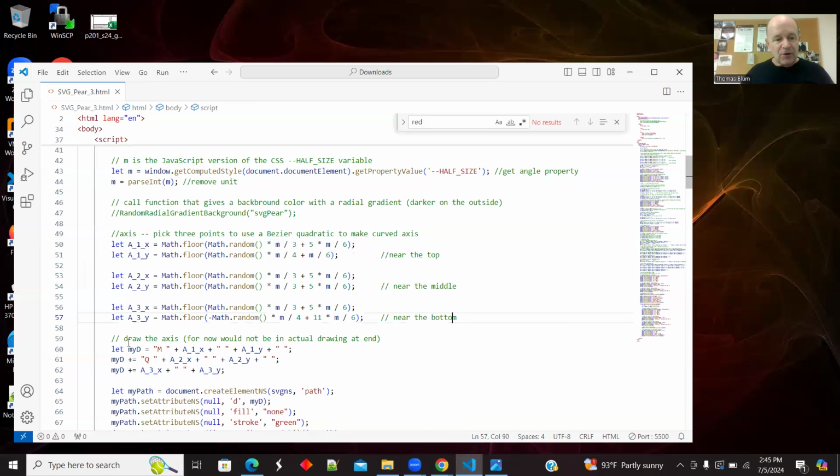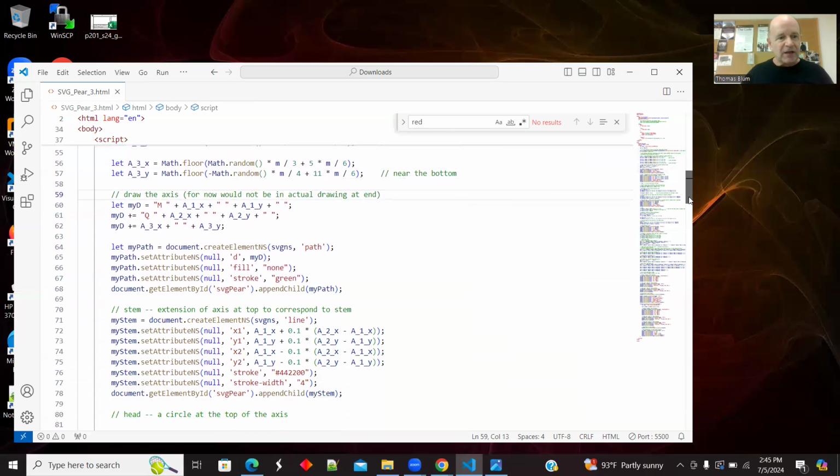And then here is creating a path. In SVG a path has an attribute D, and here I'm using a quadratic Bezier path. So M tells me the starting point of my path, and I'm using that point at the top. And then the Q signifies that I'm going to do a quadratic Bezier, and the capital Q means I'm going to have full points rather than work with differences.